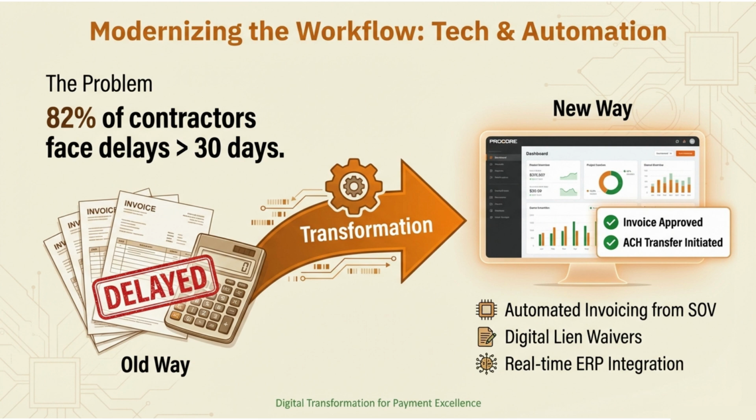Your accounting software talks to your project management software. They're best friends now. The future is digital. The future is automated. The future is getting paid in less than 30 days. If you're still using paper invoices and manual processes, you're living in the construction Stone Age.